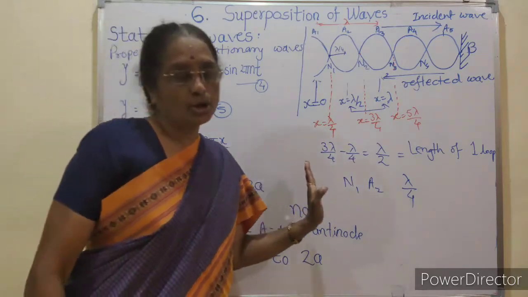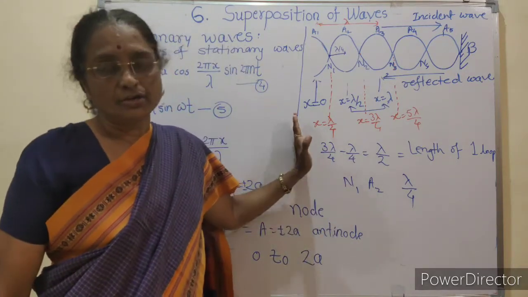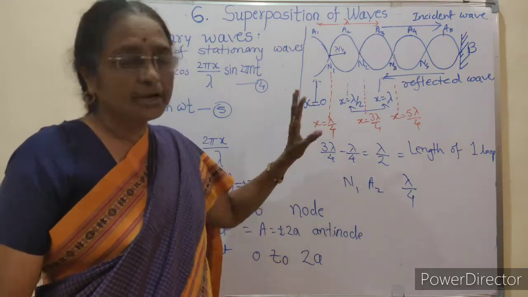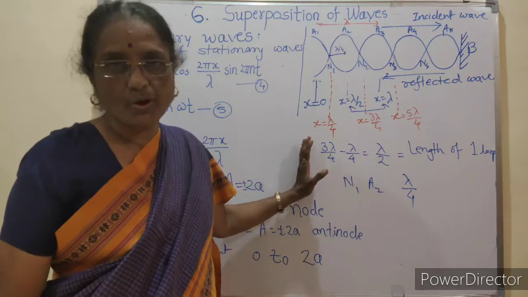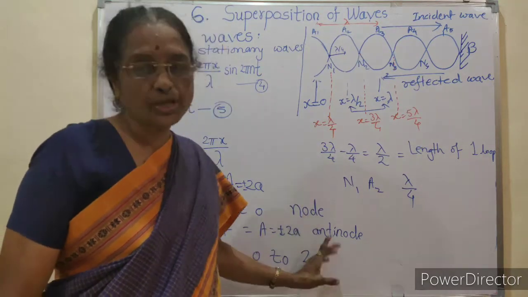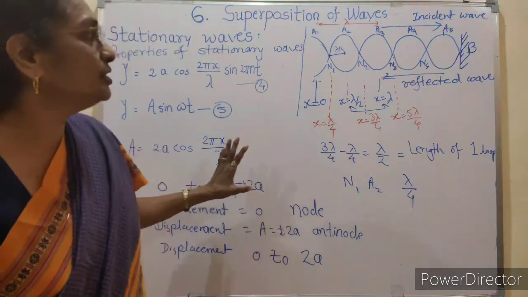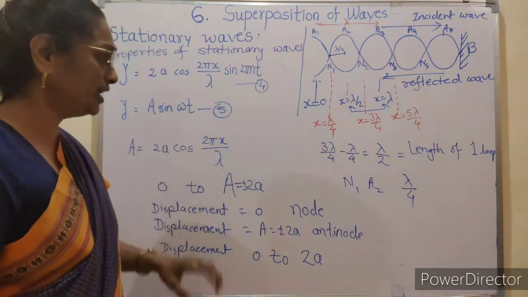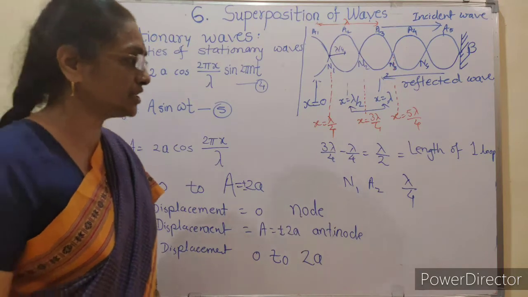In this chapter we also have to study longitudinal stationary waves, where we continue these points related to nodes and antinodes.